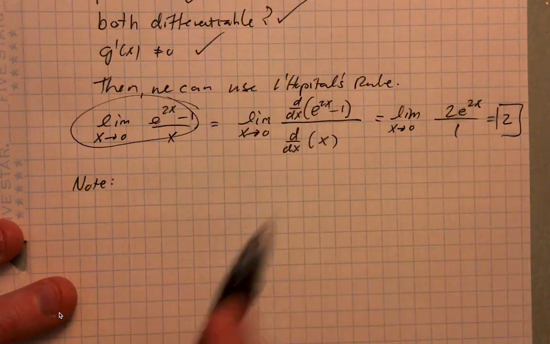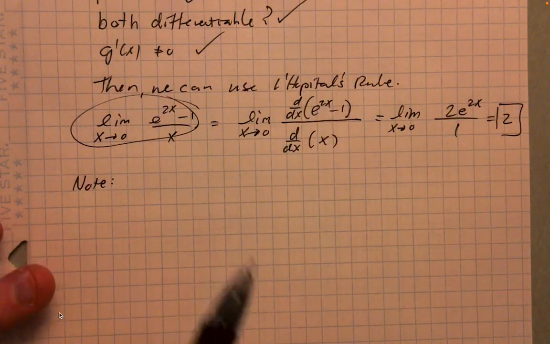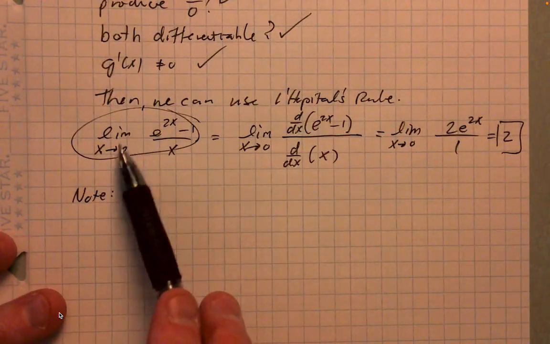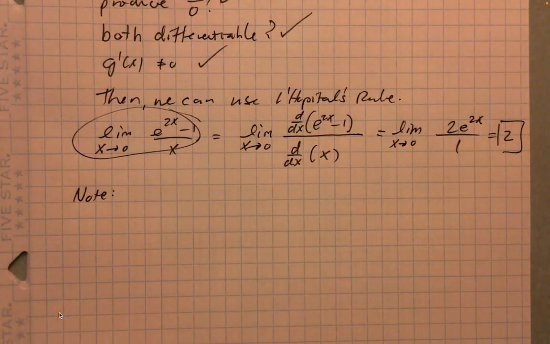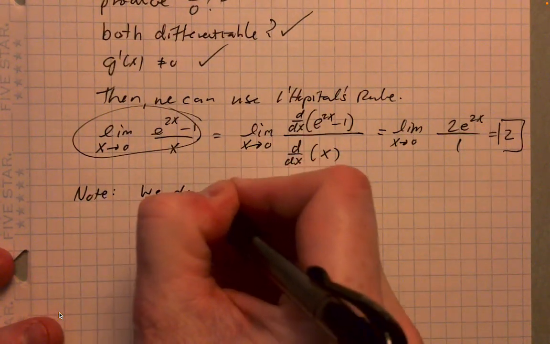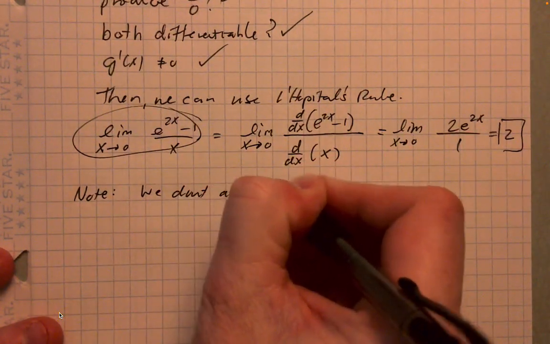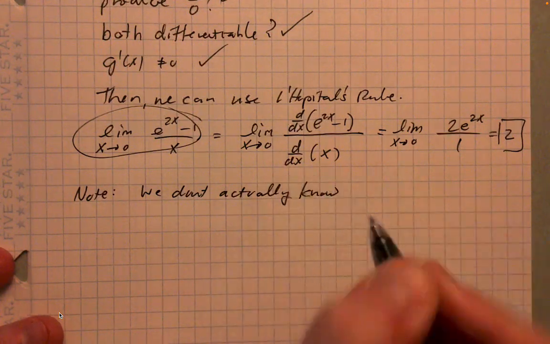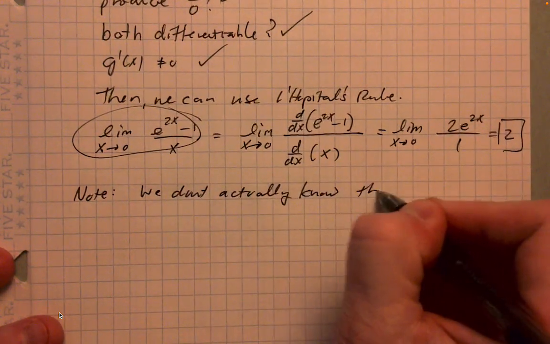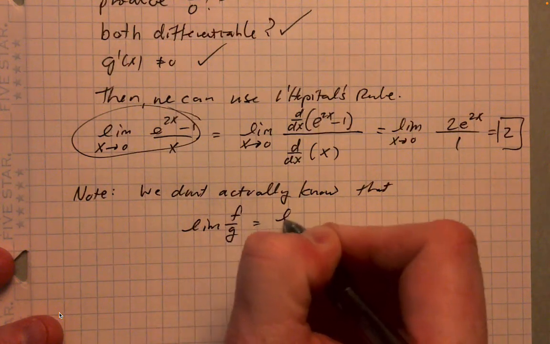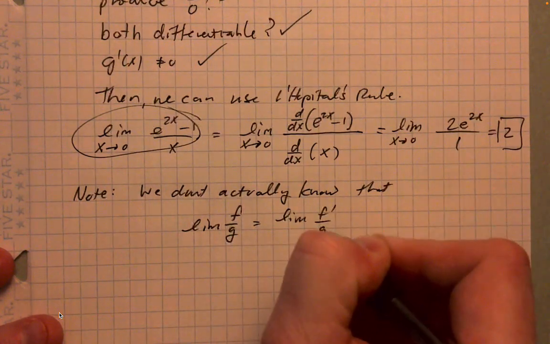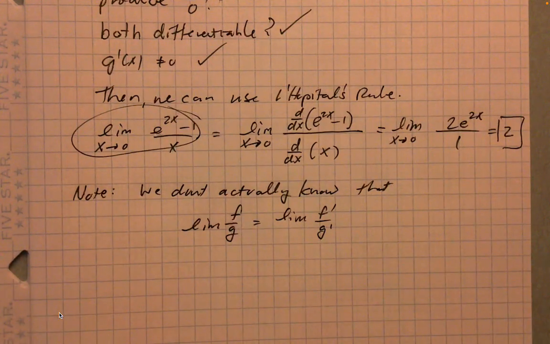First of all, notice that in this chain of reasoning, we don't actually know that the limit of f over g is equal to the limit of f prime over g prime until we actually find this second limit.